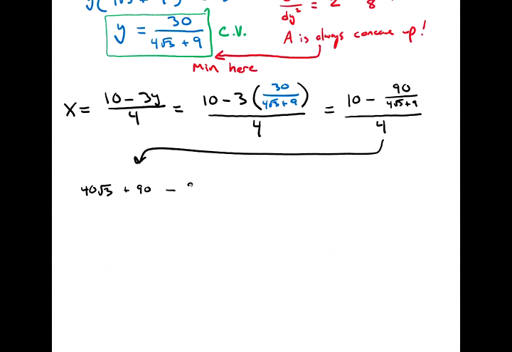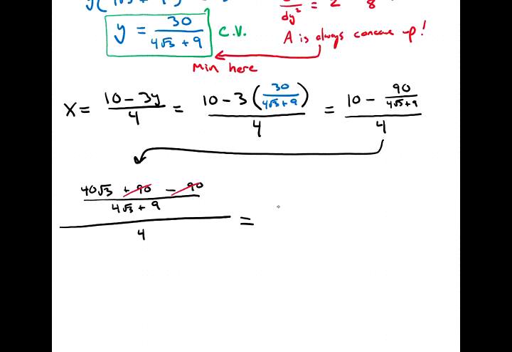And then there's a minus 90. And that's all divided by 4 root 3 plus 9, and we still have that over 4. Right, so this is nice, we have a plus 90 and a minus 90.